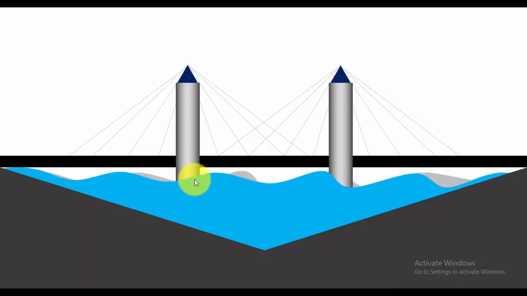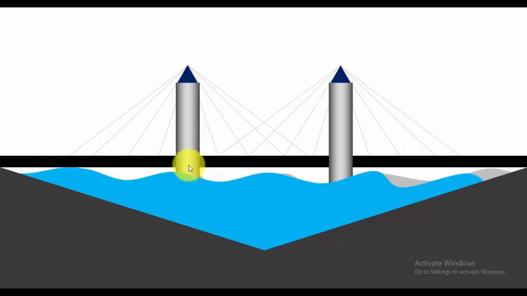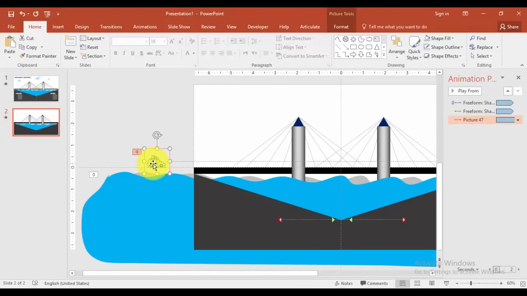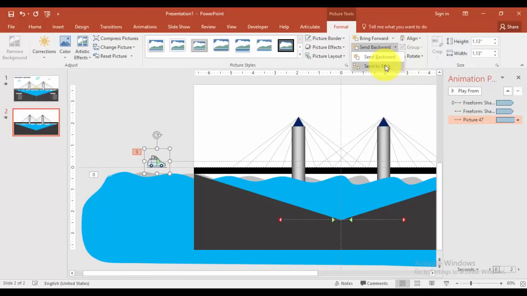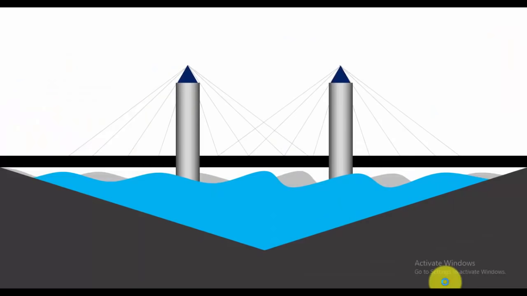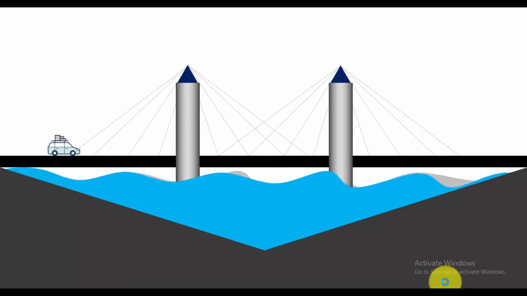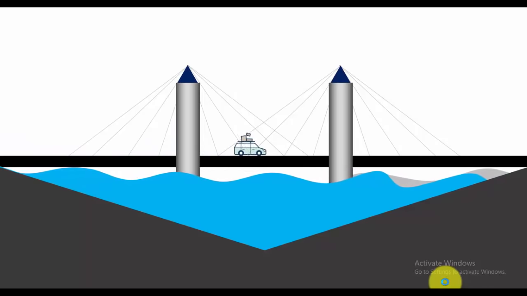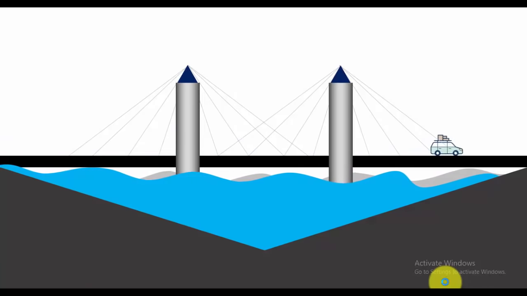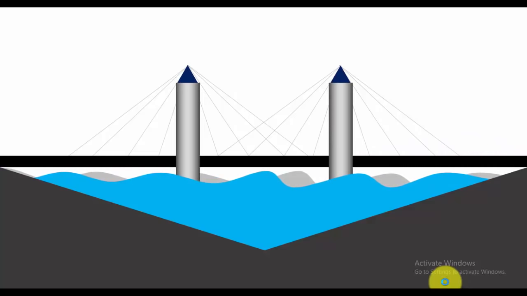Actually the car should be at the back and the pillars should be in front. So I select this car and go to Format, Send to Back. Now if you play it again, yes, this is perfectly all right now, I believe.